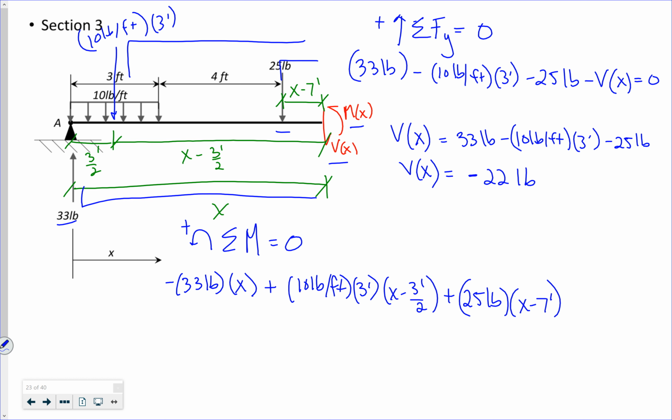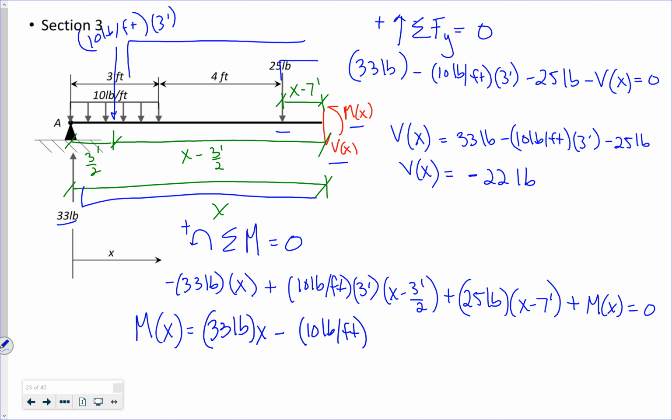And finally, my moment at my section. Solve for my moment at x, I get 33 pounds times x minus 10 pounds per foot times 3 feet times x minus 3 feet over 2 minus 25 pounds times x minus 7 feet.